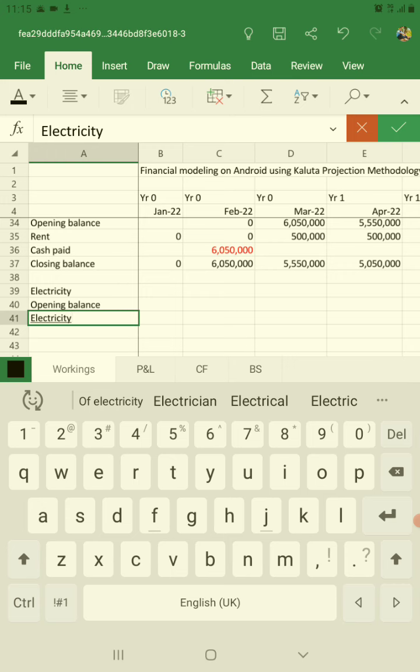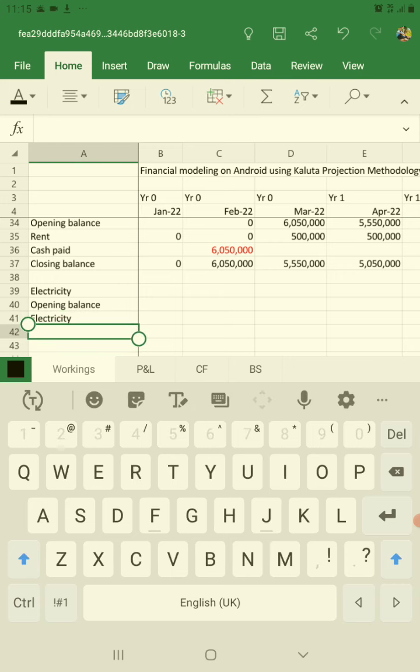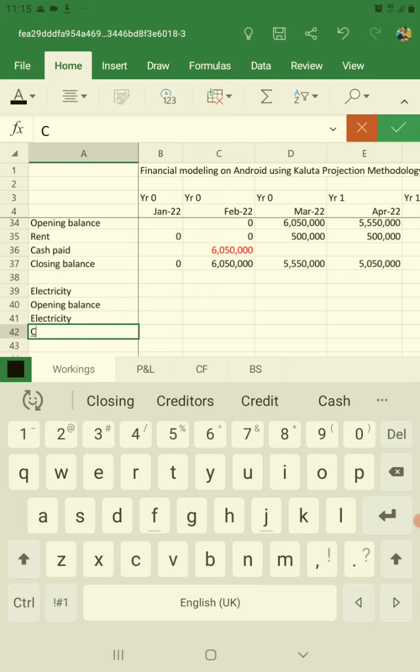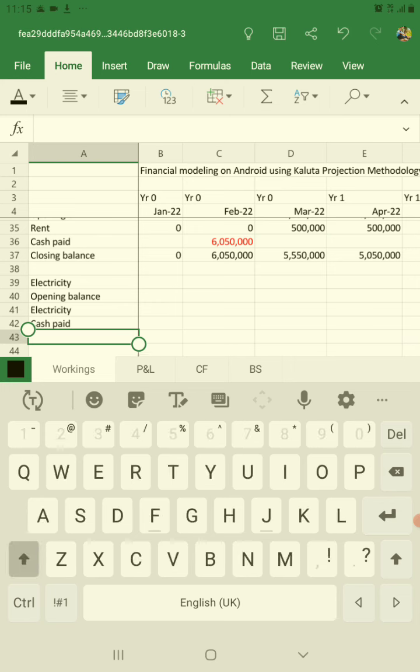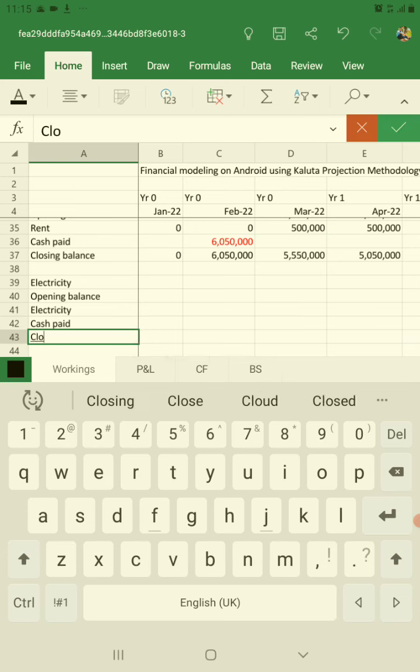Electricity charges for the month, and then there is cash paid, and then we have closing balance.